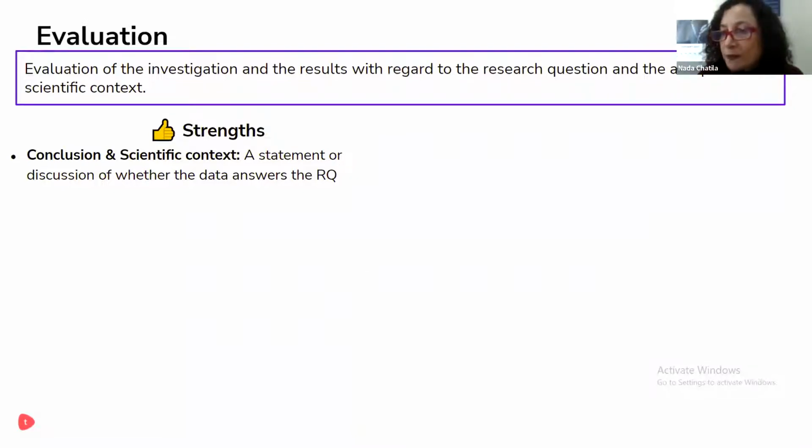Strong conclusions always start with recalling the research question, connecting us back to the research question. What does it say? And a statement or a discussion to that account: do the results, the data, answer this research question?